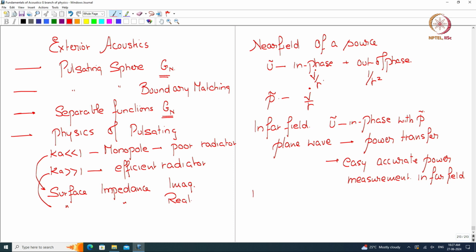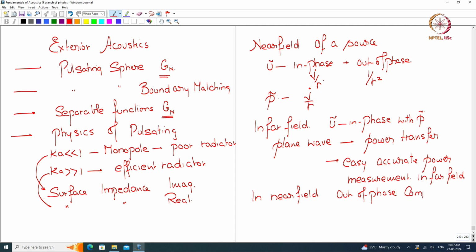Whereas in the near field, which is dominated by the out of phase component of velocity, it does not mean the in phase component is not there, but it is dominated by the out of phase component.